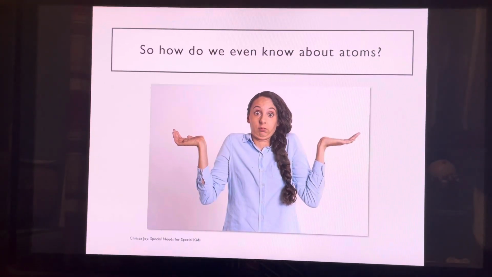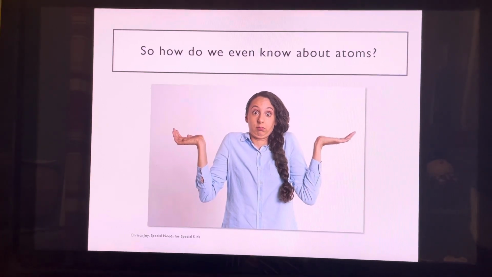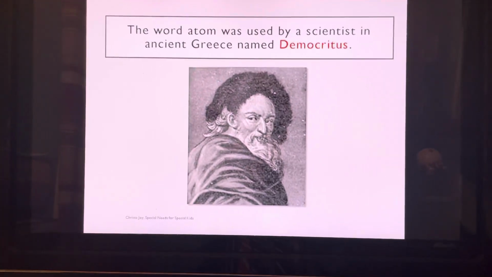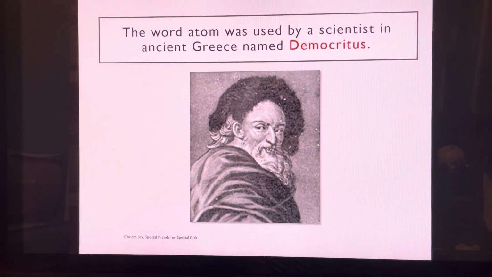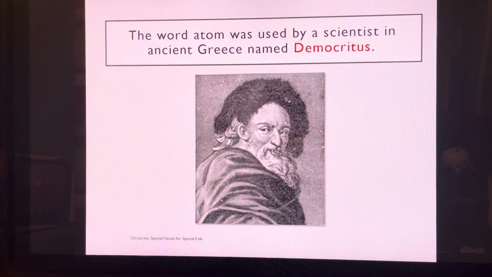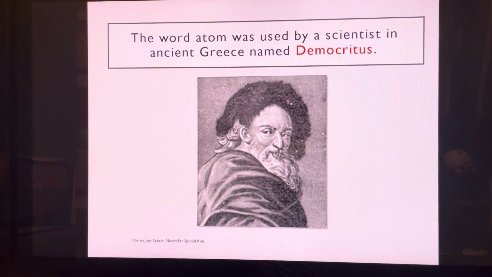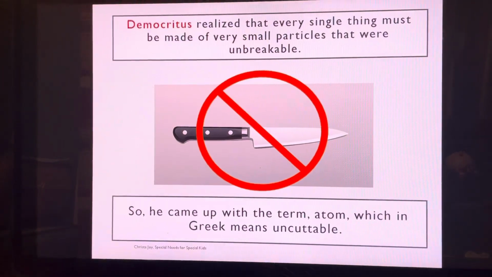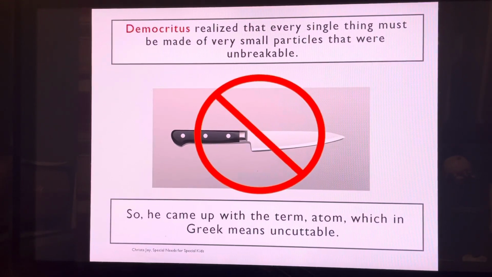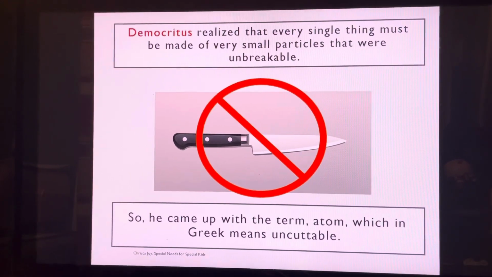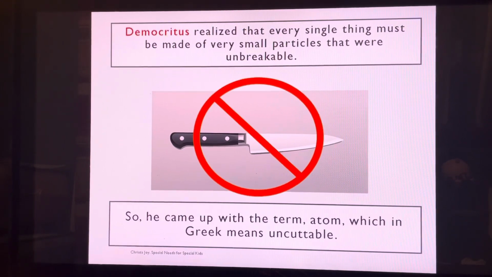So how do we even know about atoms? The word atom was used by a scientist in ancient Greece called Democritus. Democritus realized that every single thing must be made of very small particles that were unbreakable.